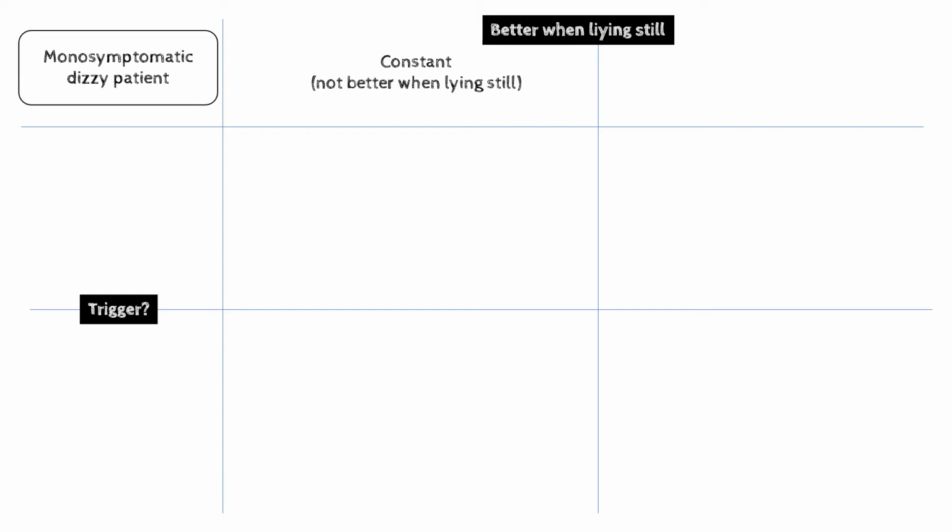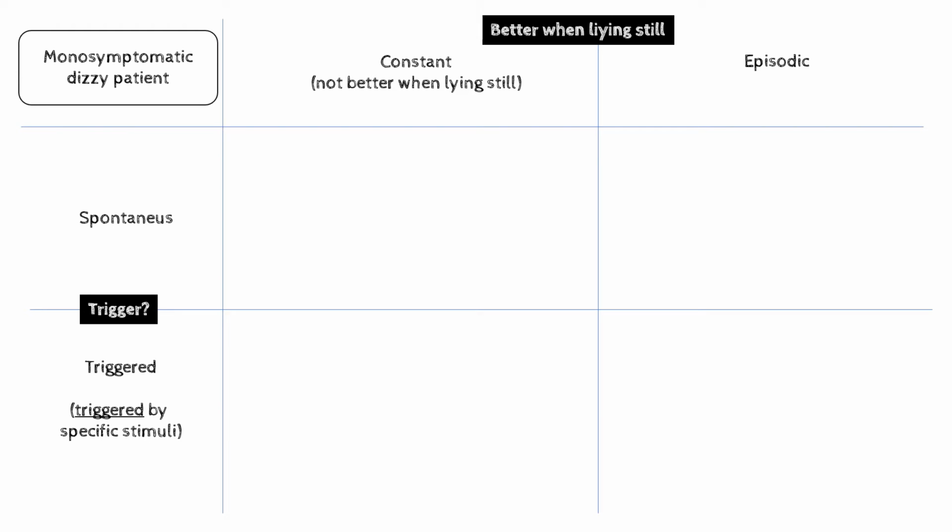There's no major difference whether they're standing or not, and whether they've been lying still for a few minutes or not. And the other one is whether or not it's triggered. The ones that are not triggered, we call those spontaneous.